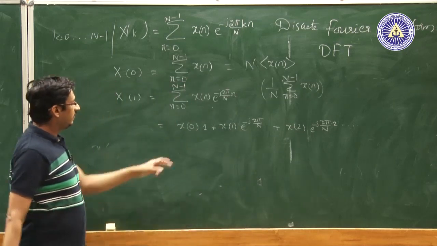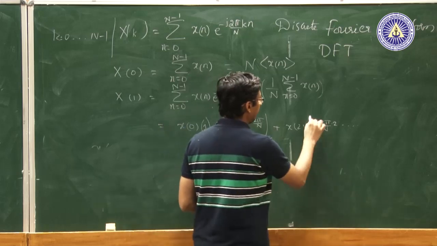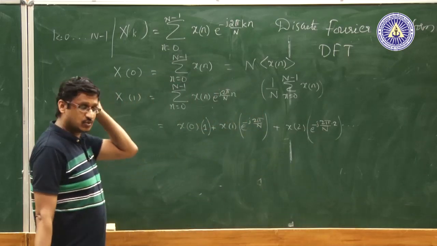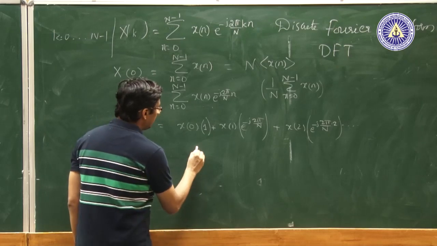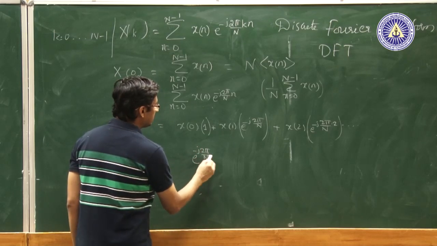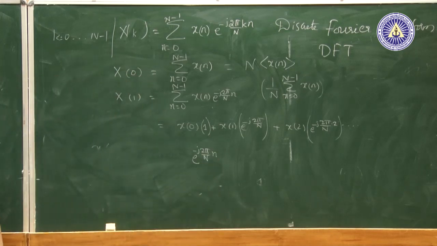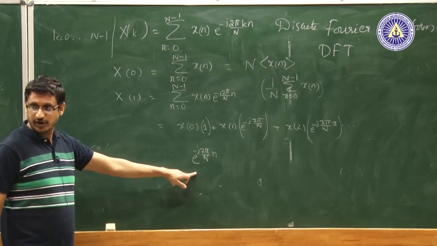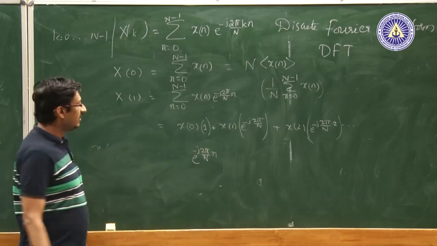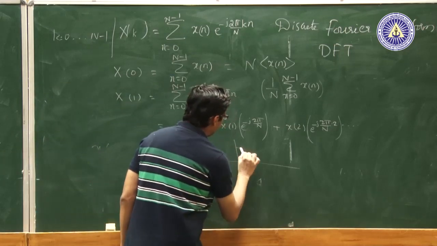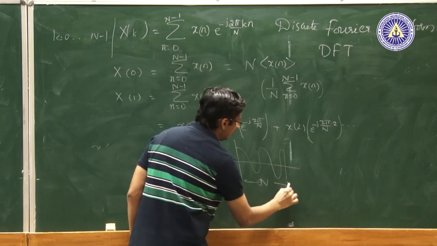Okay. If you just look at these quantities, 1, e power minus j 2 pi by n, e power minus j 2 pi by n times 2, that is actually a discrete time complex sinusoid, which is given by e power minus j 2 pi by n times n. Okay. This is a discrete time complex sinusoid. You can plot this using MATLAB or Octave to actually see how this sequence looks like, but this is essentially a sampled cosine wave which exactly has n such samples over that range.